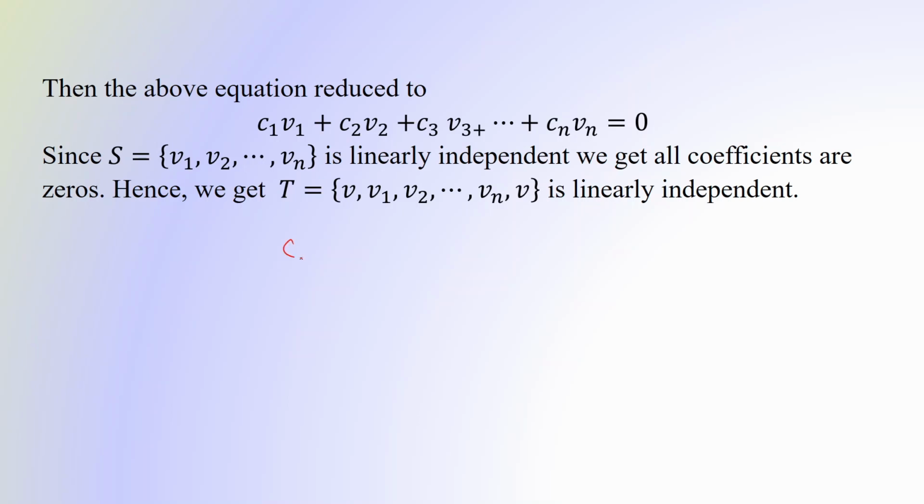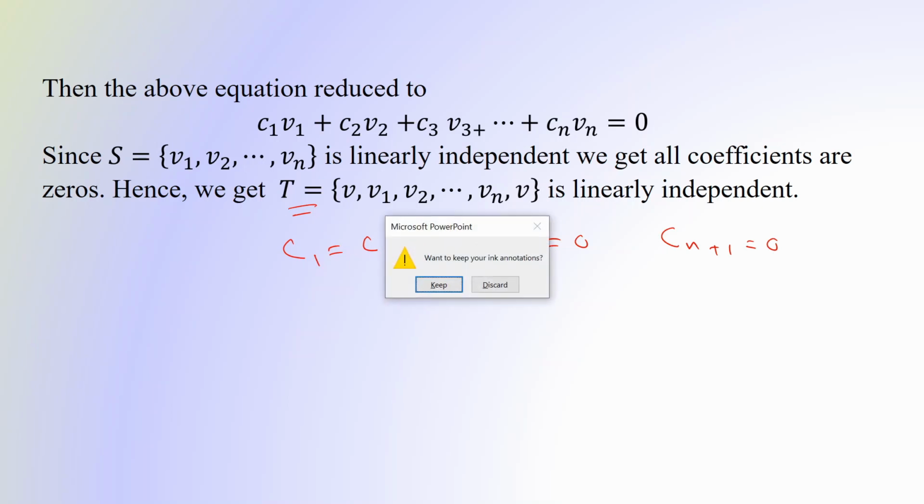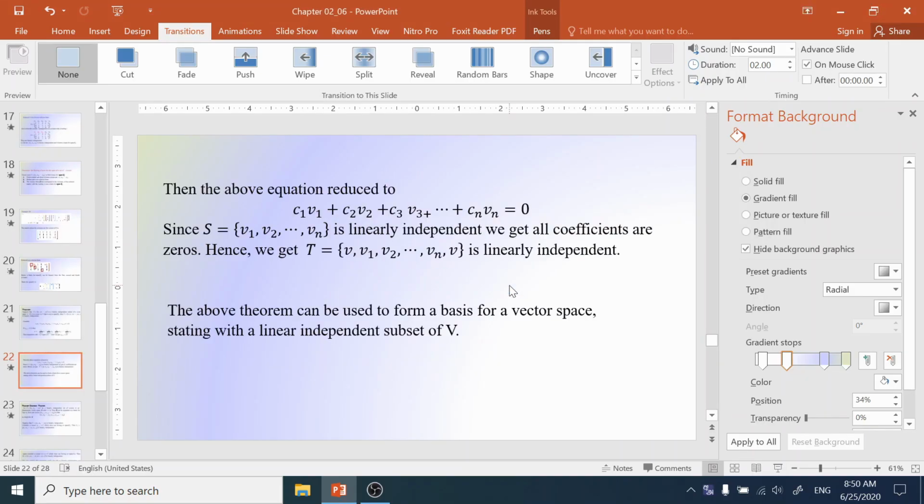So what we have proved is that c1, c2, ..., cn are all equal to 0, and c_{n+1} is also equal to 0. So that means this set T is linearly independent.